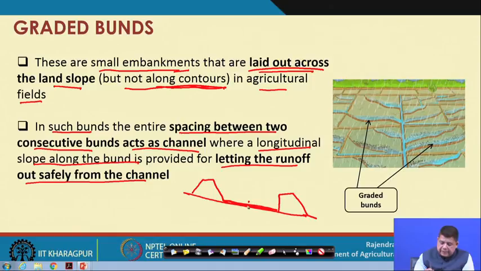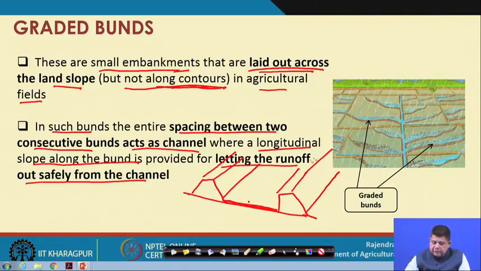You have to understand that this will continue along the length of the field. So, what we are talking about is the horizontal interval, and this is the length.